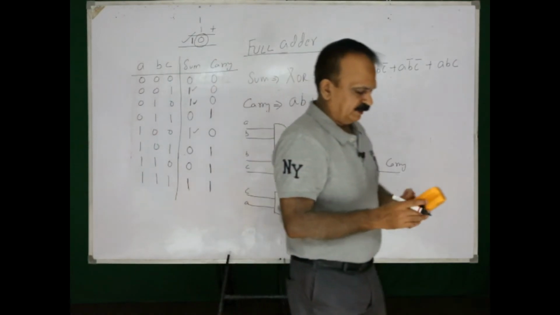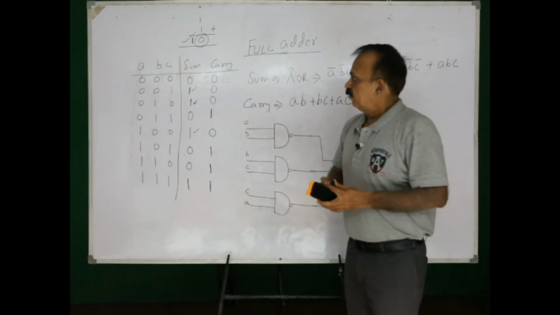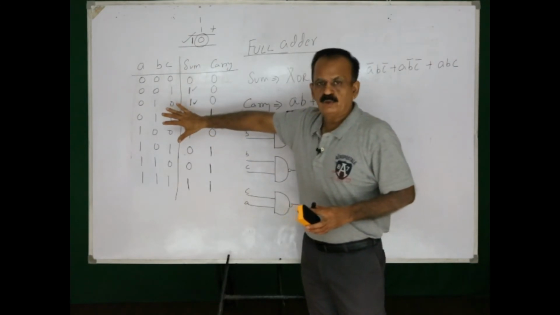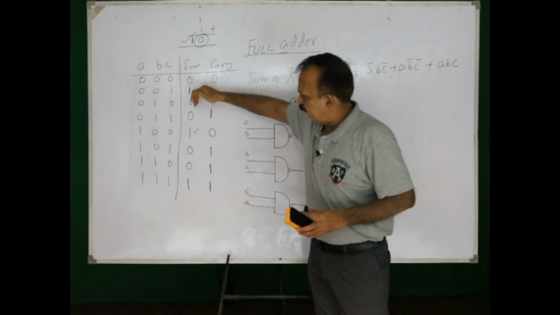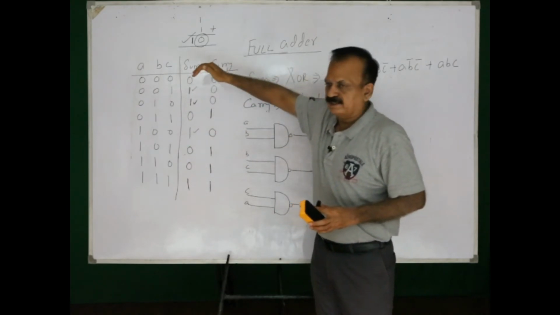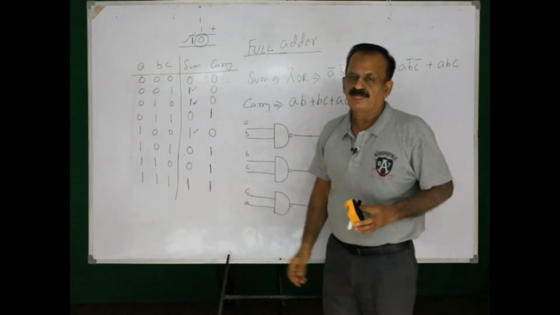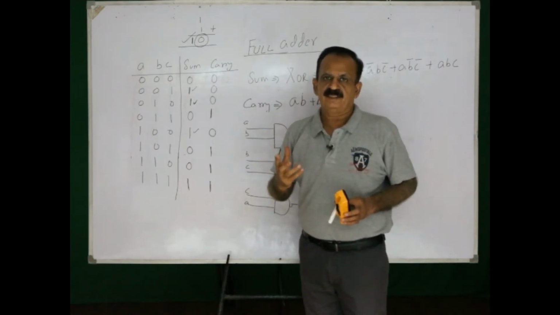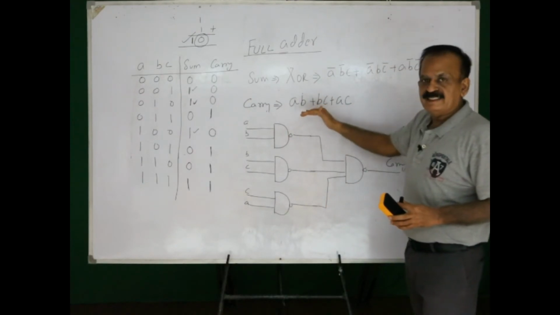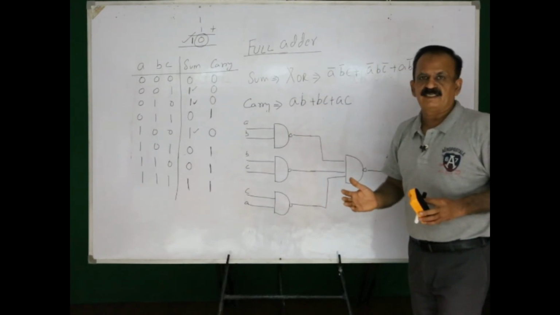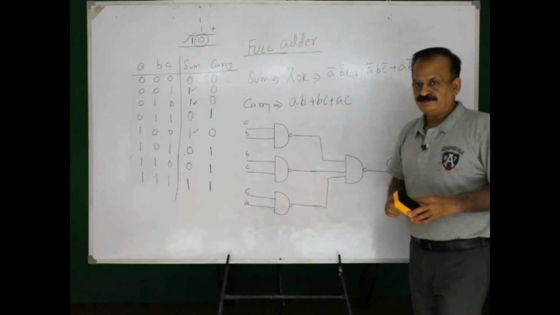So the procedure was, first we developed a truth table for addition of 3 bits, and then we found out the expression for sum and the expression for carry. We can simplify this expression, because after simplification the circuit implementation will be an easier one.